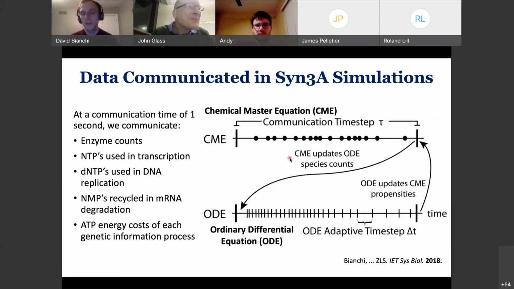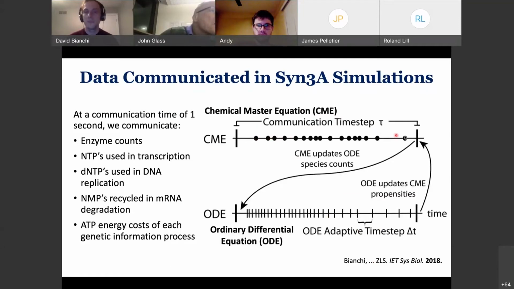We do this by this hybrid method that we developed a few years ago and tested computationally, where we simulate for a given time step, here of 1 second, a stochastic chemical master equation, where we can see these gene expression reactions, like for example, transcription of a gene to RNA or translation of a gene to protein.